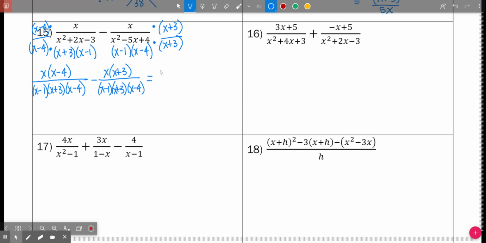So this will be x squared minus 4x minus x squared minus 3x all over x minus 1 times x plus 3 times x minus 4. So I have positive x squared and negative x squared. And this leaves me with negative 7x over x minus 1 times x plus 3 times x minus 4.